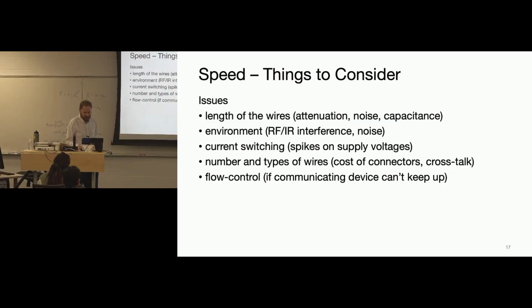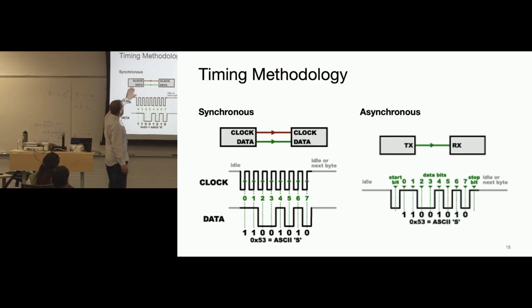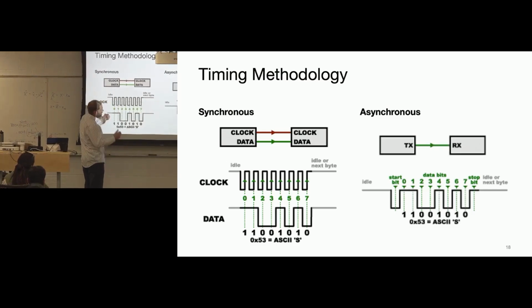Yeah, we talked about most of these issues. So timing: both parallel or serial could be asynchronous or synchronous, and by synchronous we mean that there's a data line and then there's an explicit clock, and the clock is telling the receiver when to clock in the data, when to latch in this data. So that makes it very explicit.